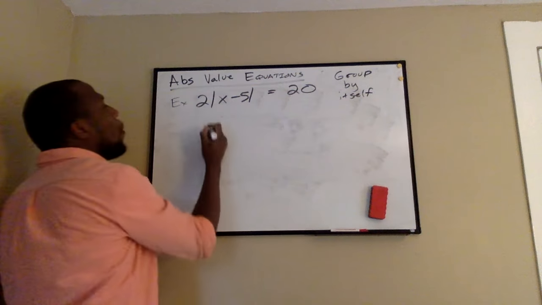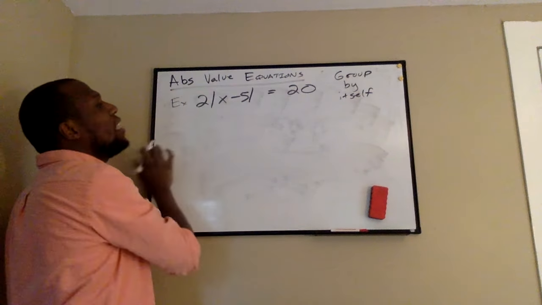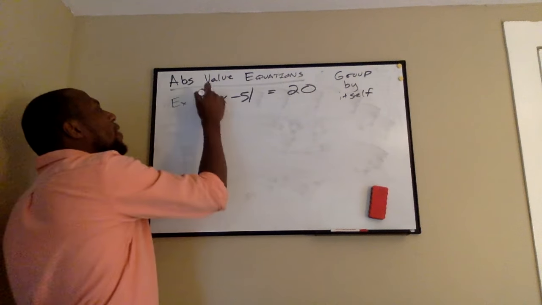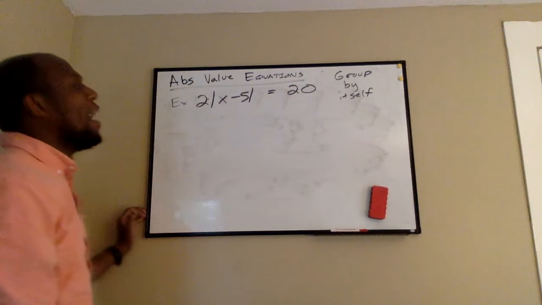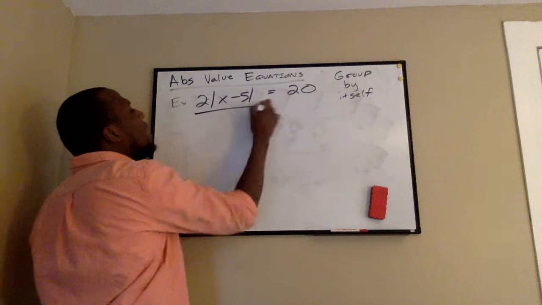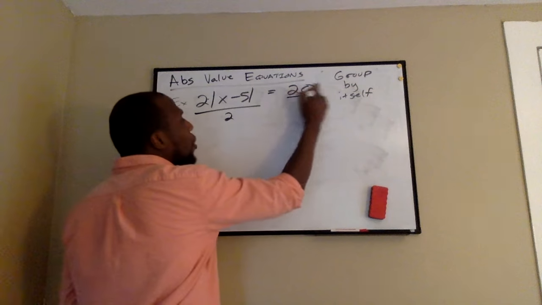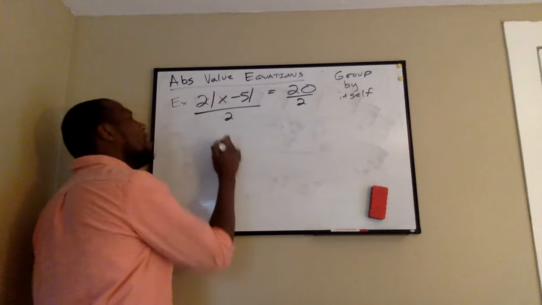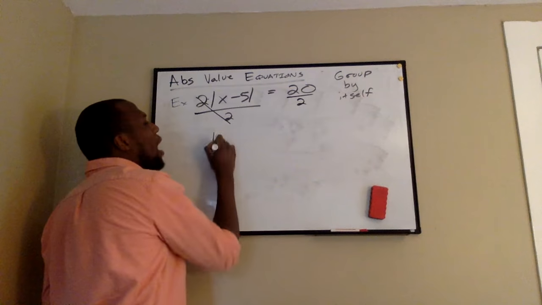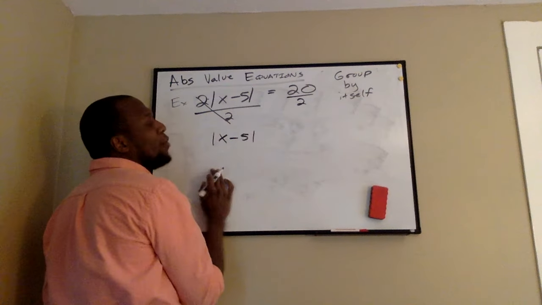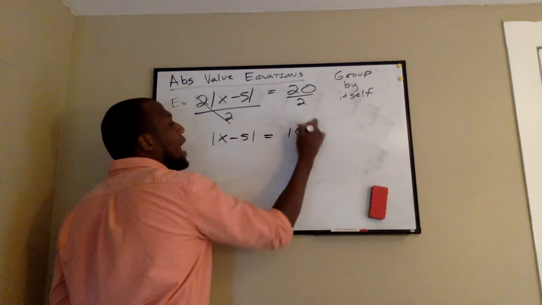So to isolate this grouping, we have to get rid of all the other stuff next to it. This is 2 multiplied by x minus 5, so I need to divide by 2. And because it's an equation, remember, we have to keep everything balanced. So that cancels out. I'm left with x minus 5 within the absolute value being equal to 10.